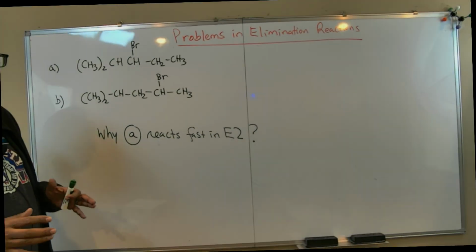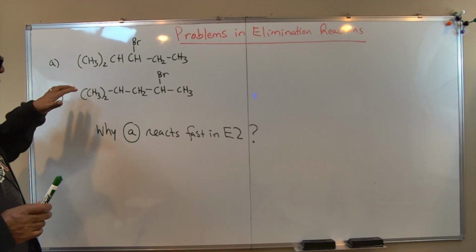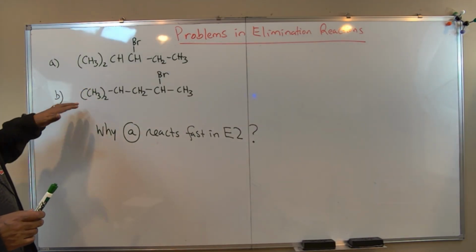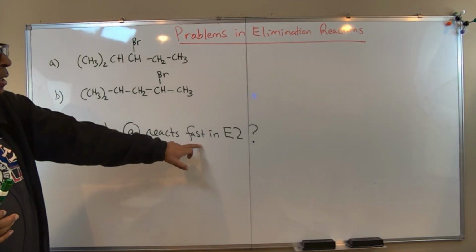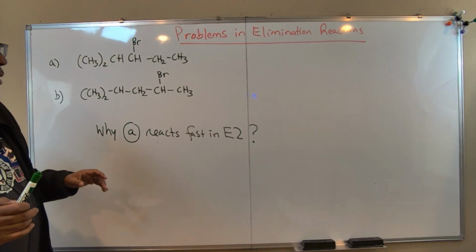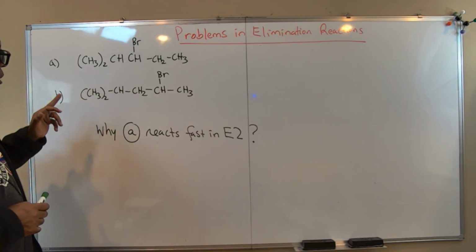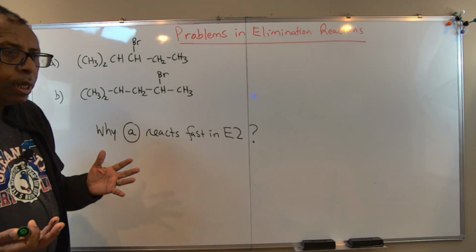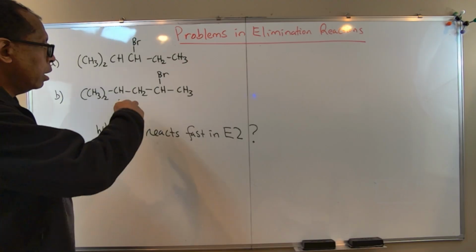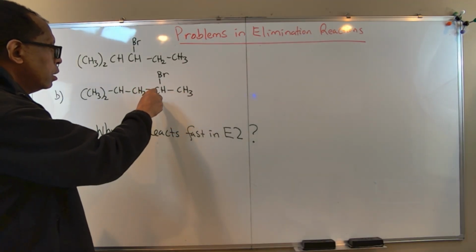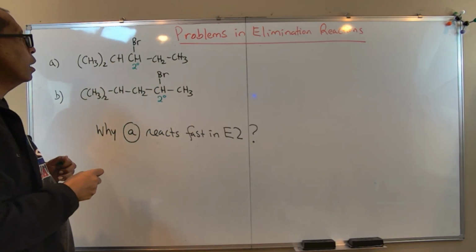Okay, continuing our discussion on elimination reactions, I have these two compounds on the board, and the question is why A reacts fast in an E2 mechanism. That means in the elimination reaction, A reacts faster than B. If you just look at the alkyl halide, this is a secondary alkyl halide, and this is also a secondary alkyl halide.